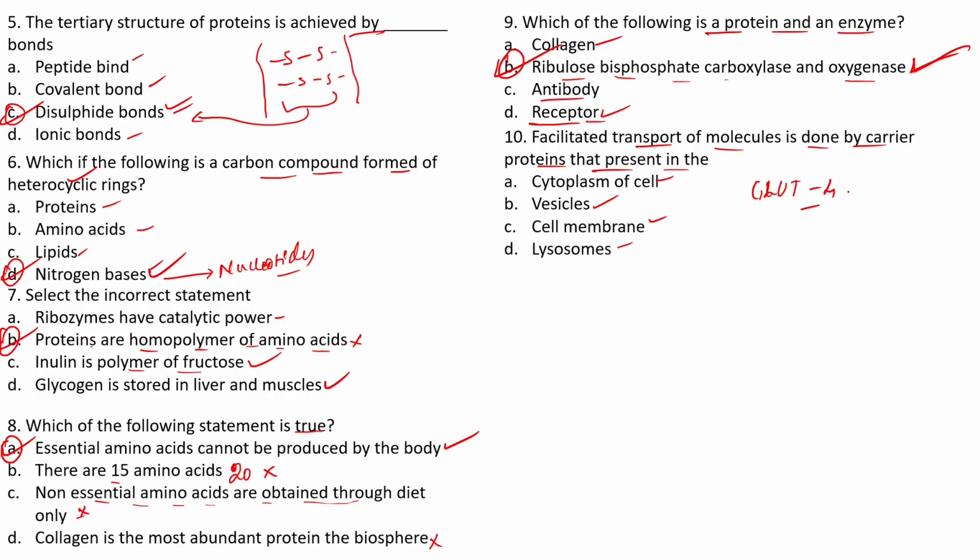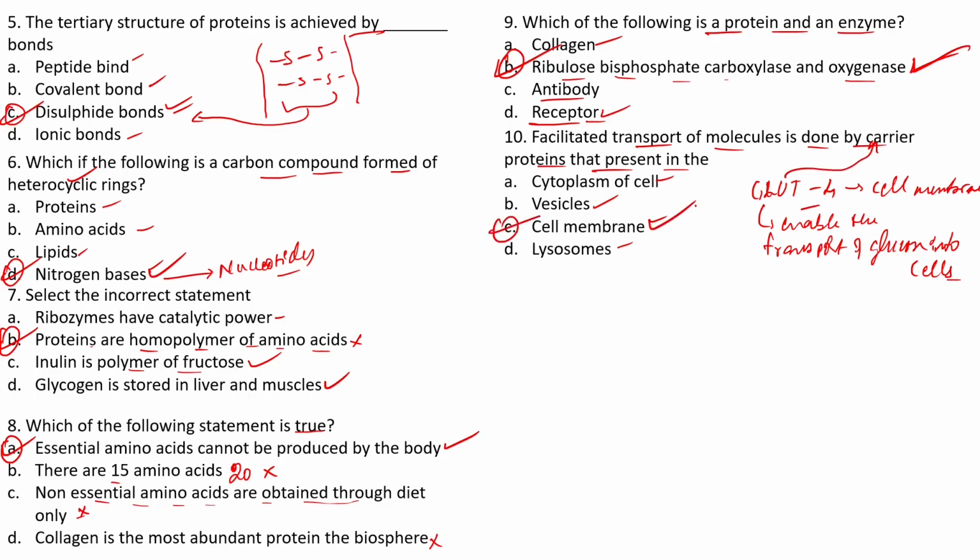Now GLUT4, we all know, is mainly present in the cell membrane, and the function of GLUT4 is to enable the transport of glucose into cells. GLUT4 is also an example of carrier proteins, and hence we can say that they are mainly present in the cell membrane. C is our right answer for this question.